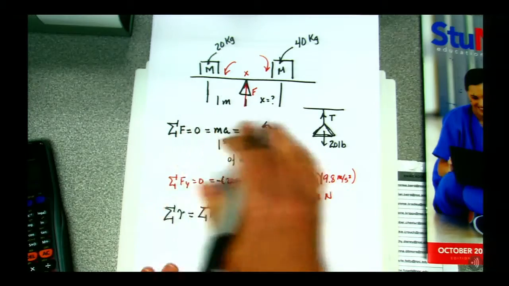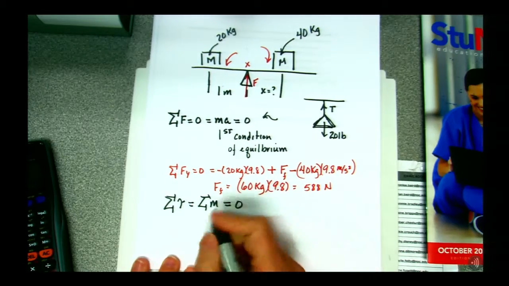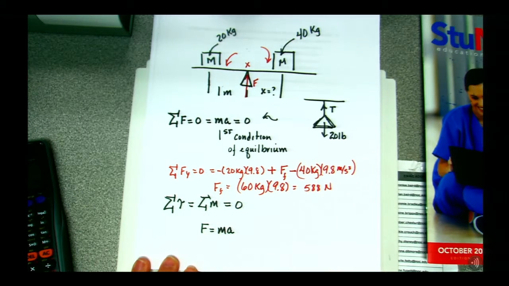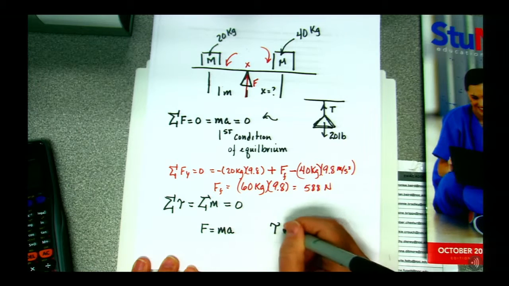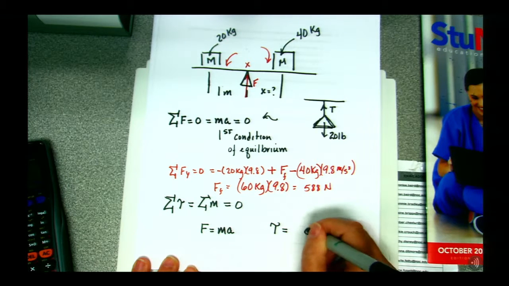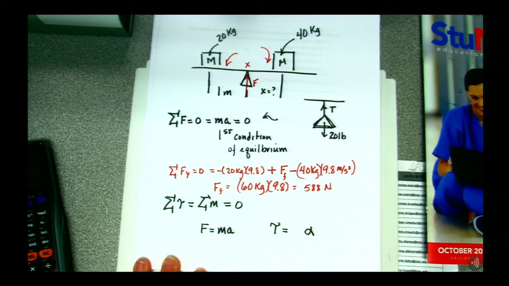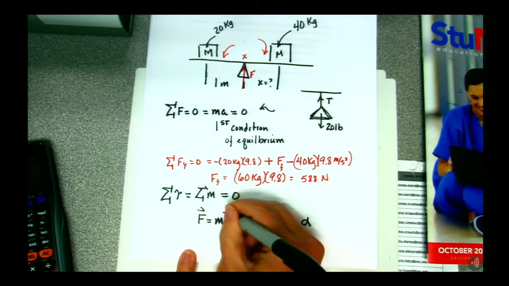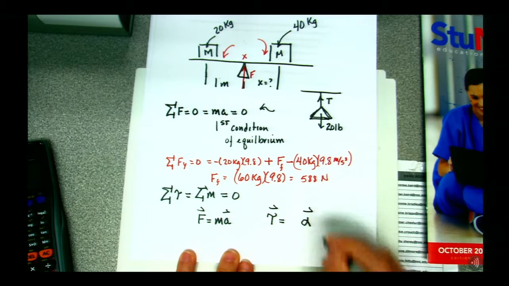And if we look at Newton's second law that way, we get F is equal to ma. But my torque can also be related back to an angular acceleration. This is still a vector quantity.